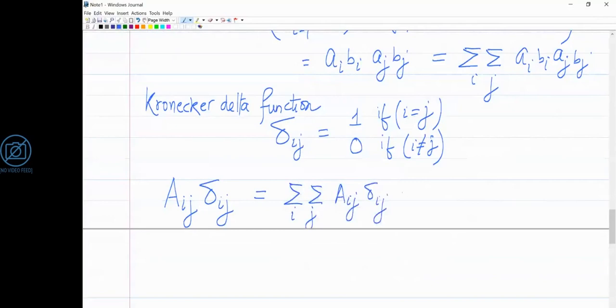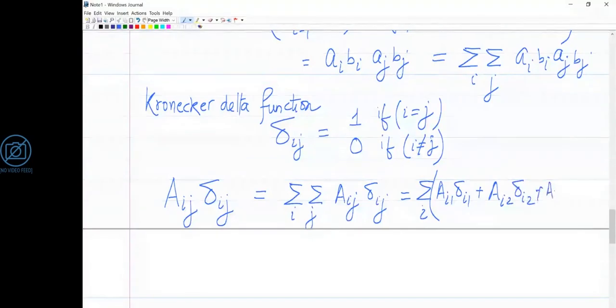Now think of just expanding the j summation. So this becomes summation over i, a_i1 delta_i1 plus a_i2 delta_i2 plus a_i3 delta_i3, isn't it?